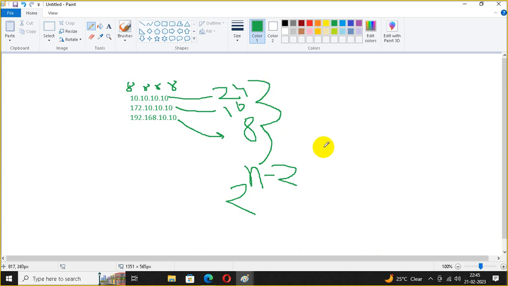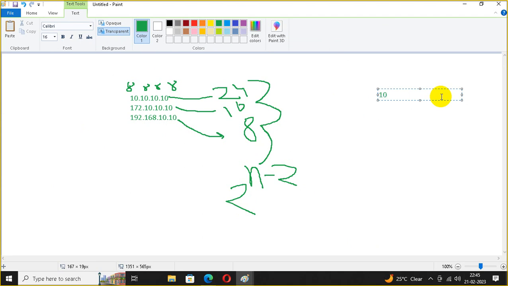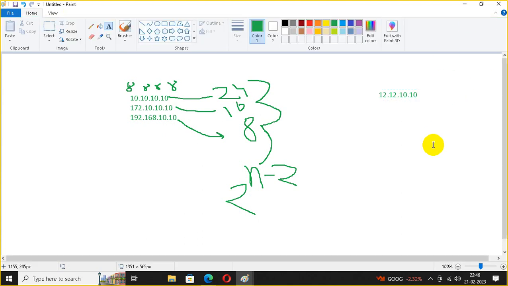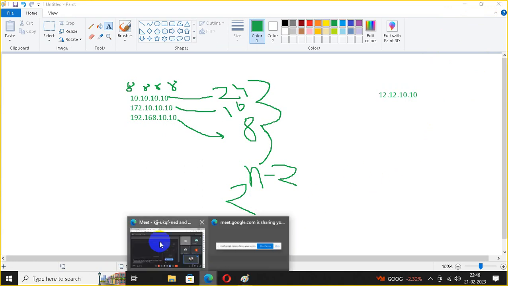So let's say there is an IP address 12.12.10.10. What will be the value of n? 24. So 2 to the power 24 minus 2, right?